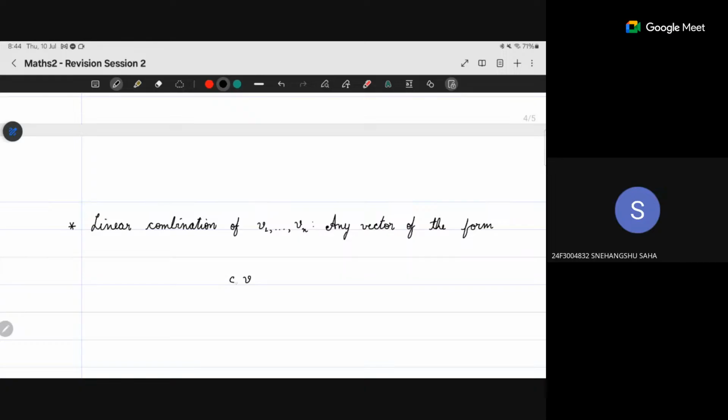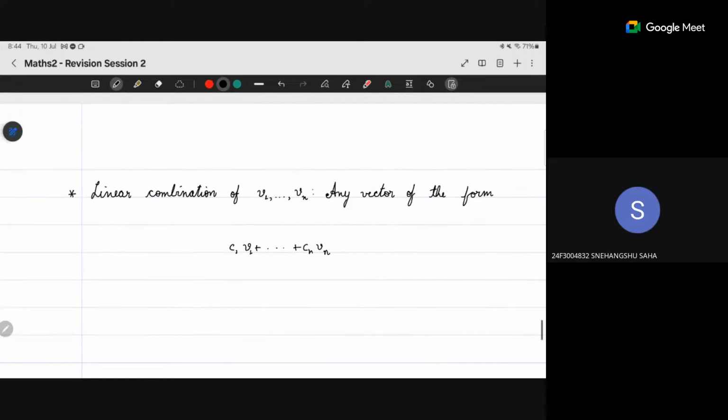So if I'm given finitely many vectors, then I can scale these vectors and add them. Any such combination, scaling the given finite set of vectors with possibly different scalar multiples and then adding them, gives me a linear combination.